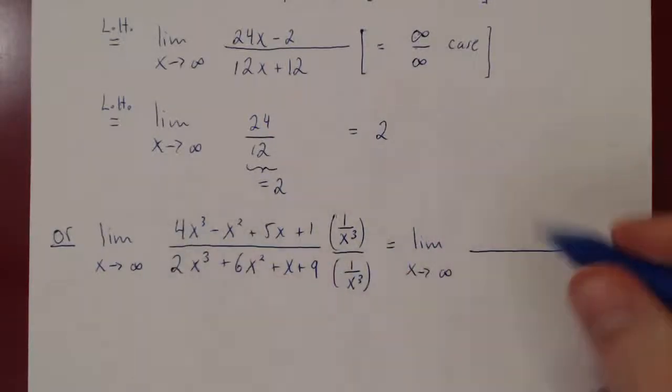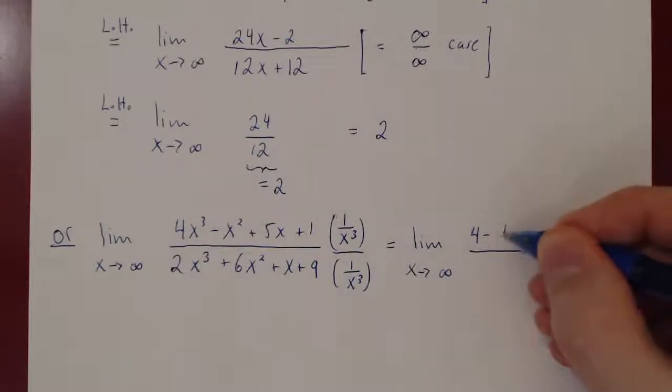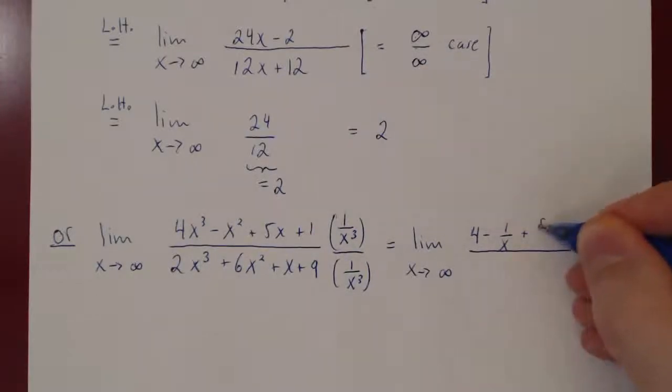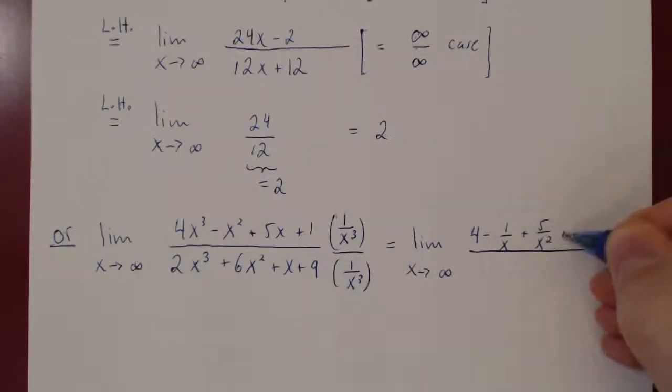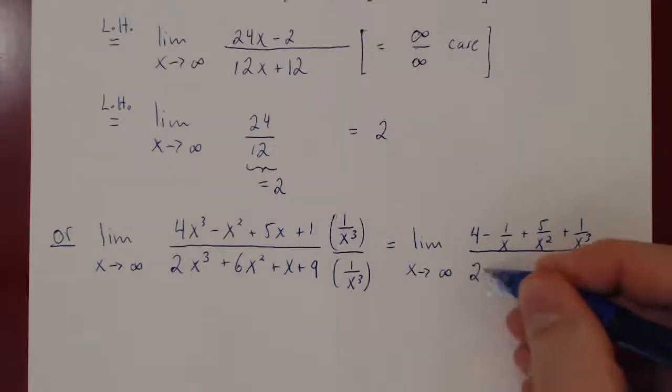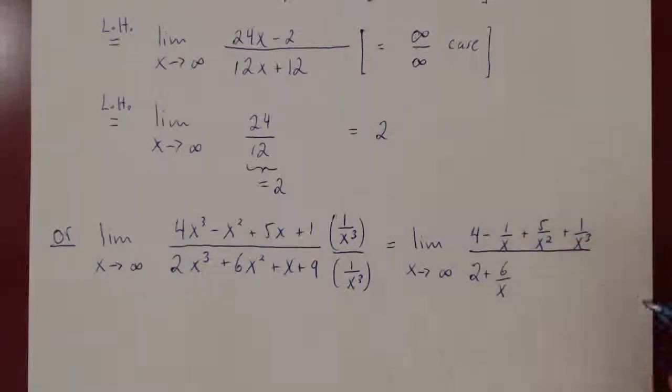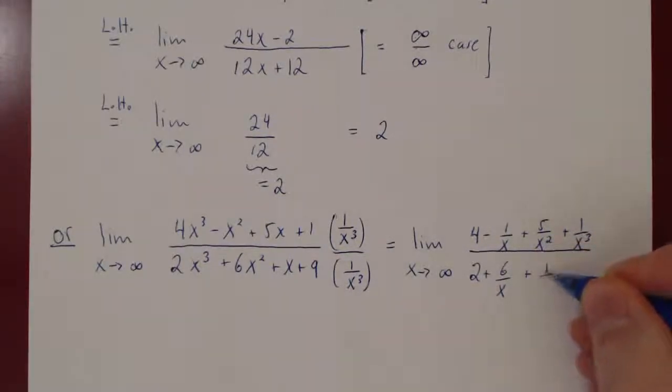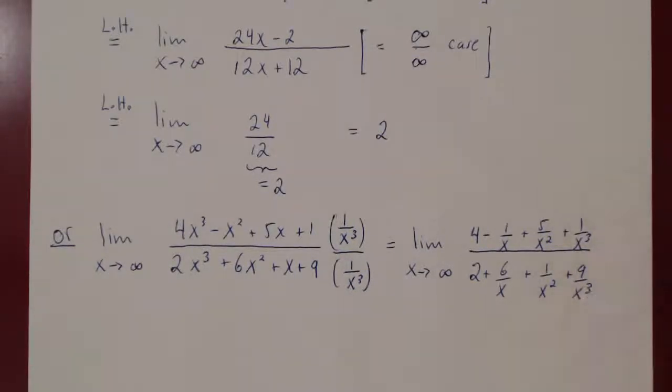Well, 4 minus 1 over x plus 5 over x squared plus 1 over x cubed. That's our numerator, over 2 plus 6 over x plus 1 over x squared plus 9 over x cubed.